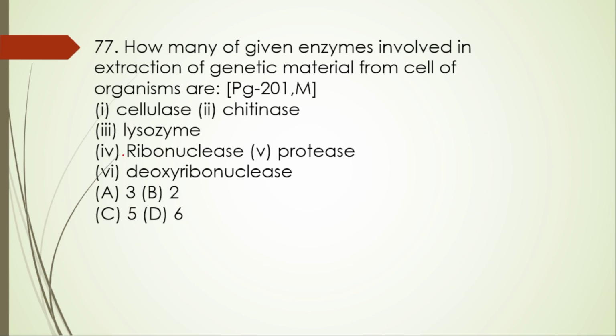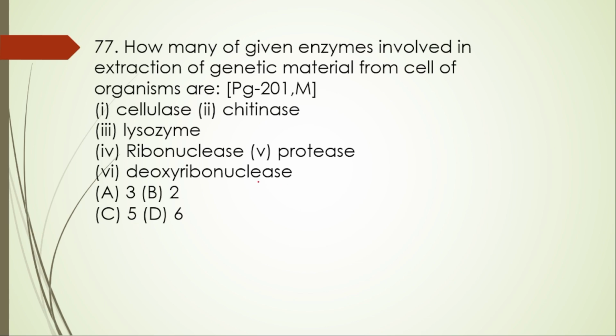How many of the given enzymes are involved in the extraction of genetic material from cells of organisms? So here cellulase is given, chitinase is given, lysozyme is given, ribonuclease, protease and deoxyribonuclease.